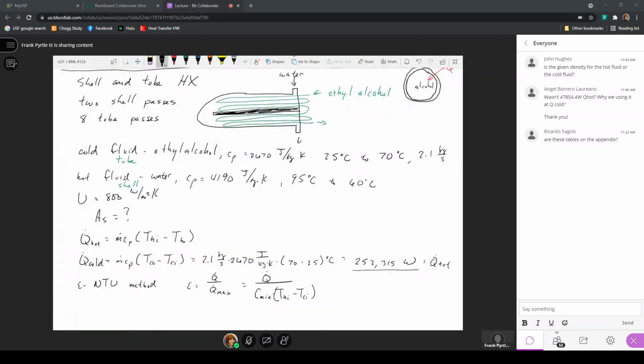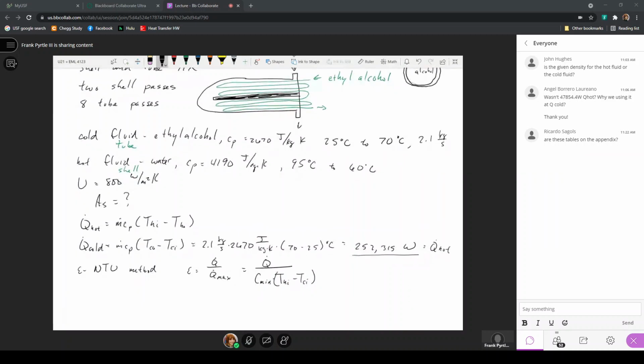Well, we already have Q dot. We just calculated that's the amount of heat that goes into the cold fluid. So we have that quantity. The minimum capacity rate says we just need to find, well, what is the capacity rate of the hot fluid? What is the capacity rate of the cold fluid? And just compare the two.